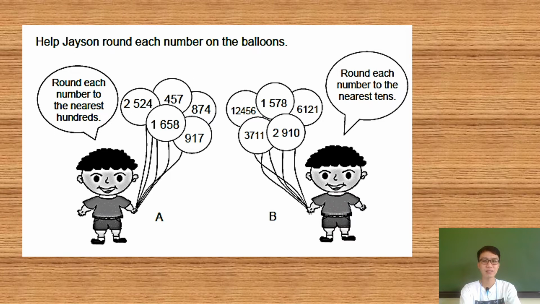For set B, round each number to the nearest 10,000. These are the numbers: 12,456, 1,578, 6,121, 3,711, and 2,910.